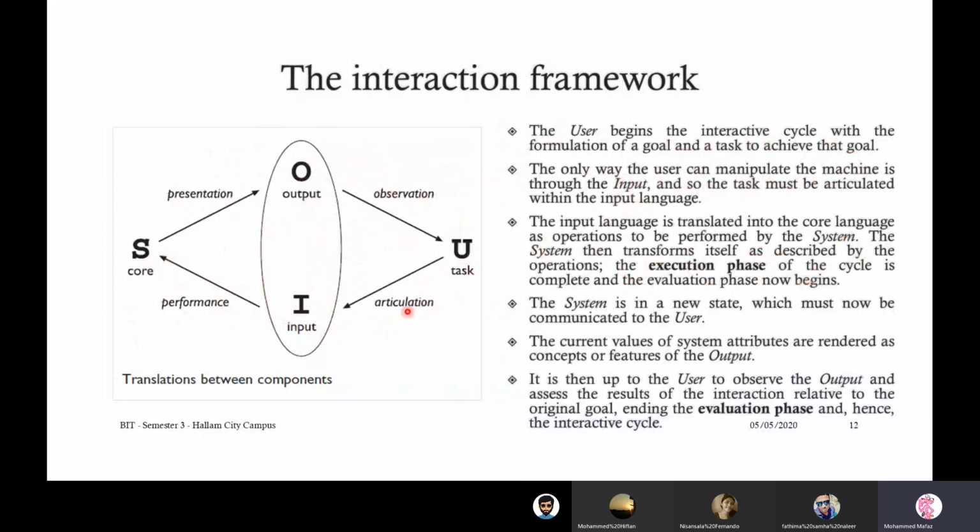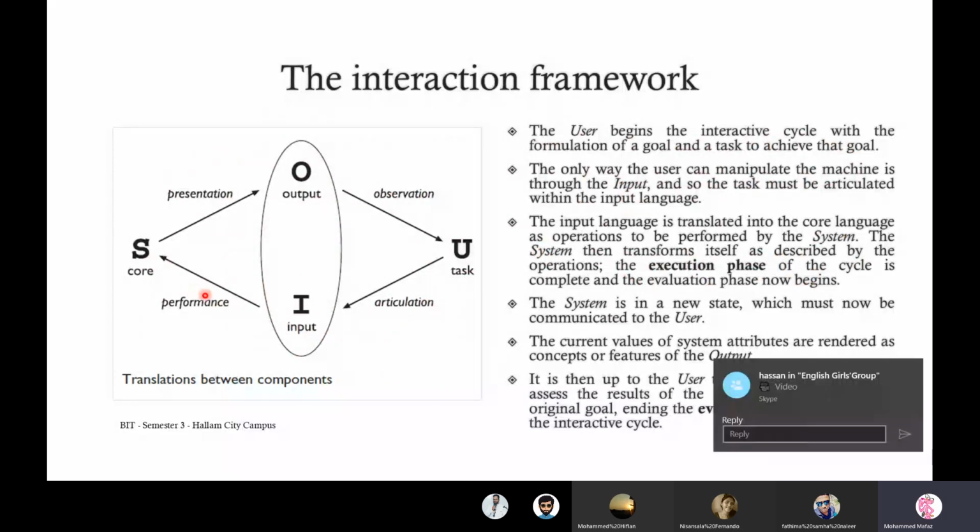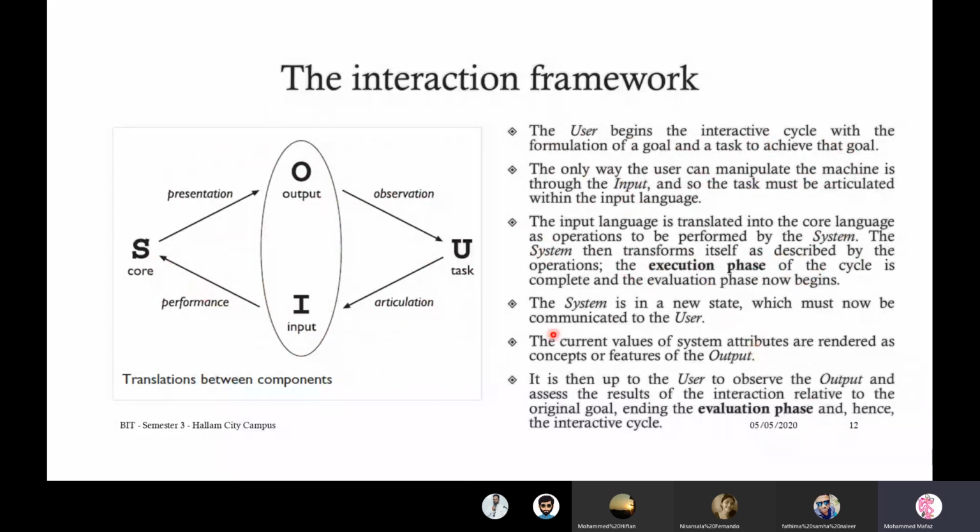So from here to here is called the execution phase, just like on the other side, right? Now the evaluation phase is going to start from this point to this point. Once the input has come, the system is in a different state. It is in a new state, right? Which must now be communicated to the user.